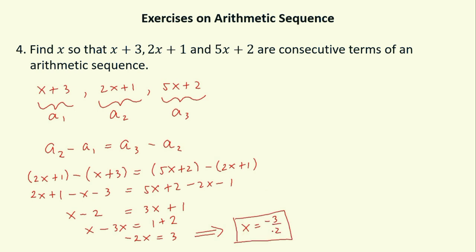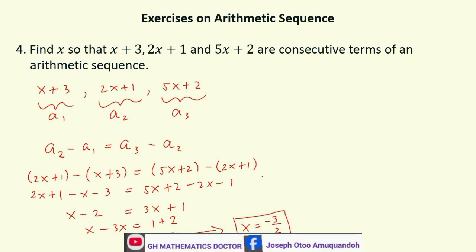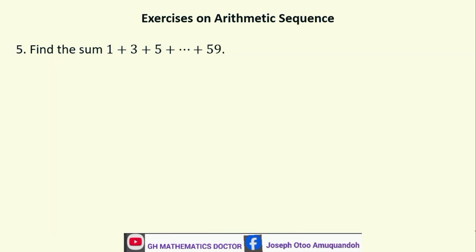Let's look at the fifth example. Okay, so our fifth example says find the sum. So I'm going to use a second formula, the sum of the arithmetic sequence, to answer this question. So we are using the formula: sum of n equal to n over 2, bracket 2a plus bracket n minus 1 times the common difference.